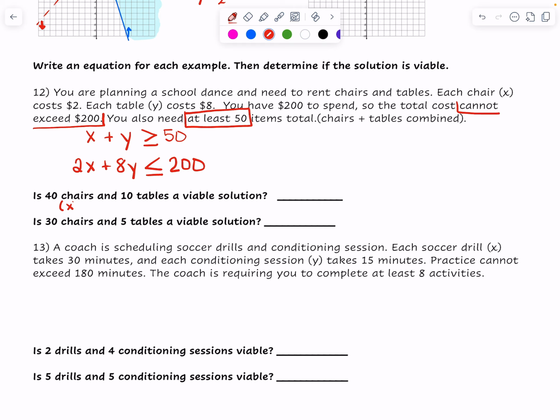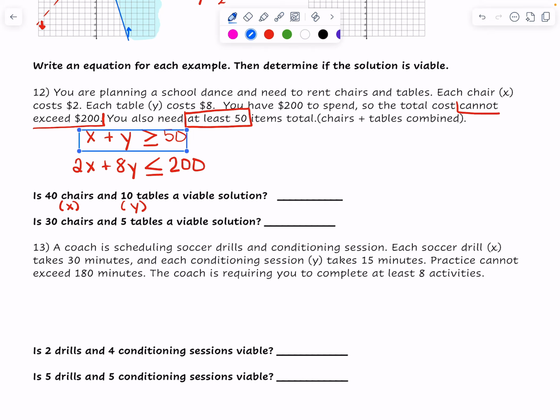All right, so first thing is writing our 2 equations. Once we have our 2 equations, we are going to go on to where it says, is 40 chairs and 10 tables a viable solution? Which means, is it a true solution? Well, if 40 is x, we can replace x with 40. If 10 is y, or tables is y, we can replace y with 10. So I'm going to go ahead and rewrite this equation.